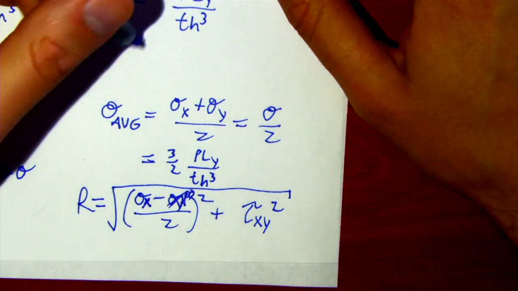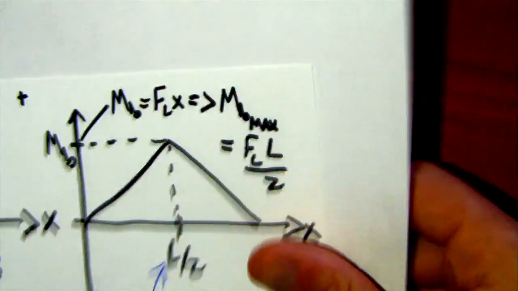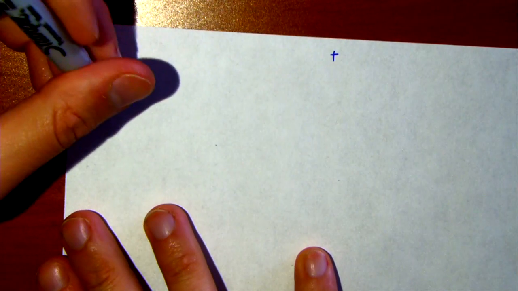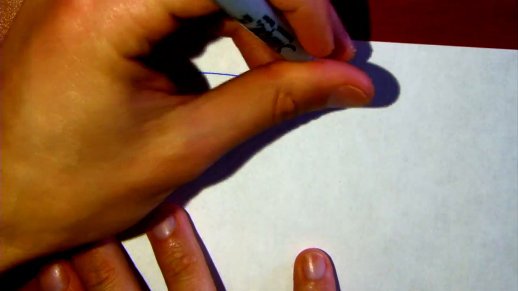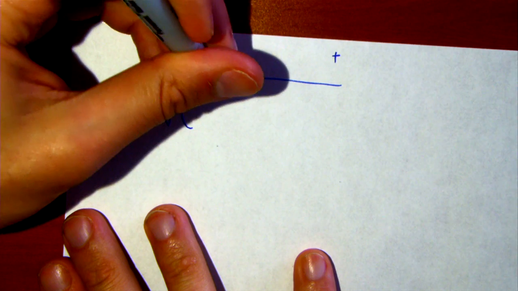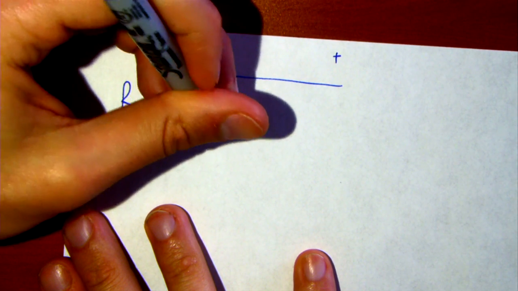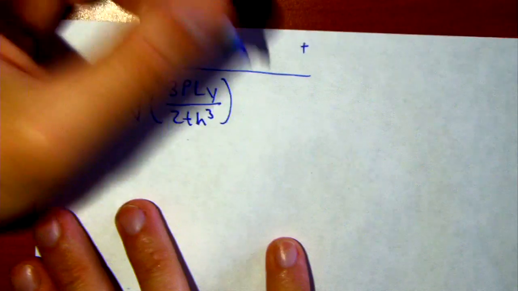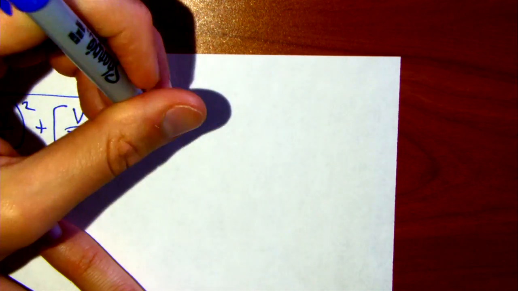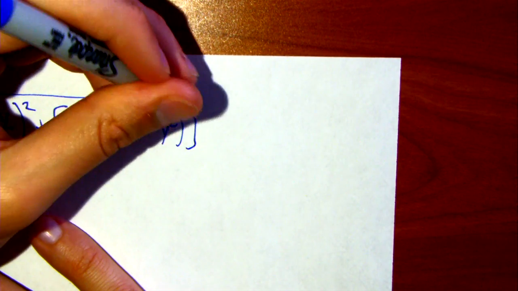Substitute in the expression for sigma x that I had before. So I get something like this. r equals the square root of 3PLY over 2TH cubed, squared, plus my expression for shear stress, V over 2I, times H squared over 4 minus Y squared, and all that squared.